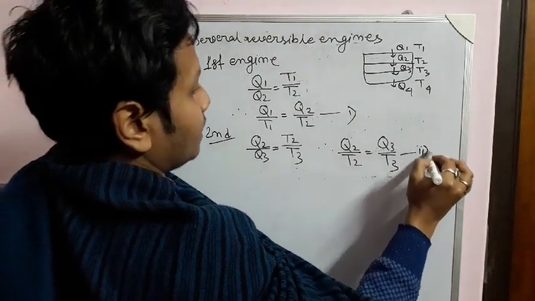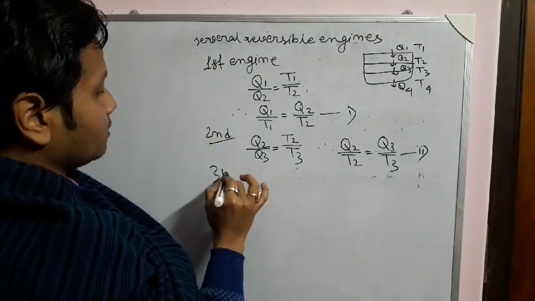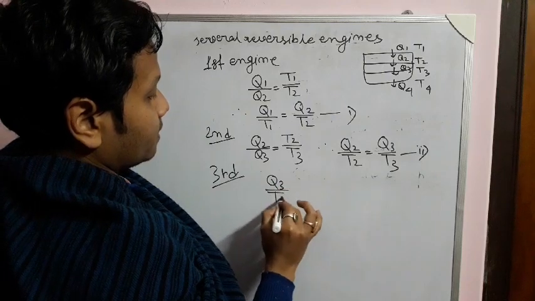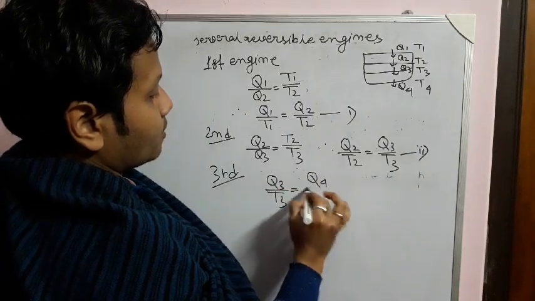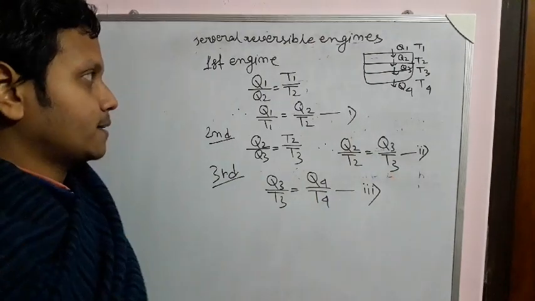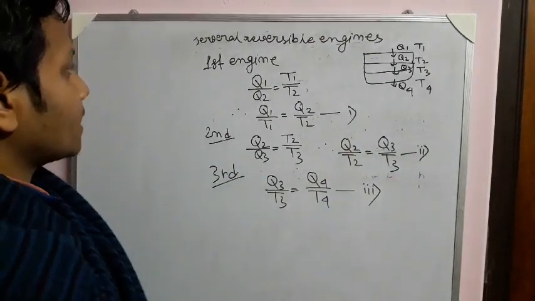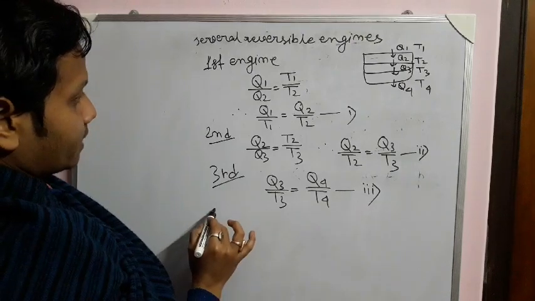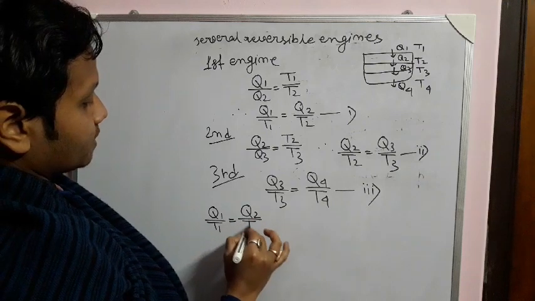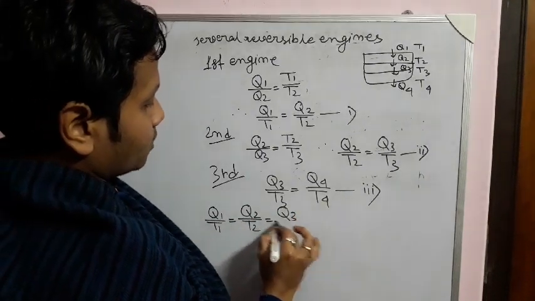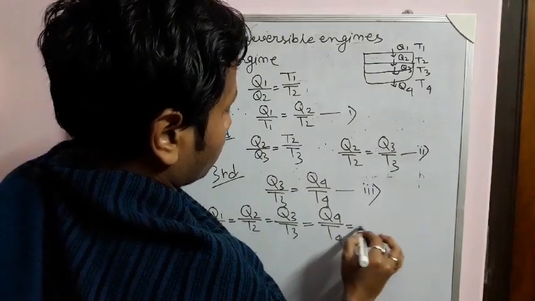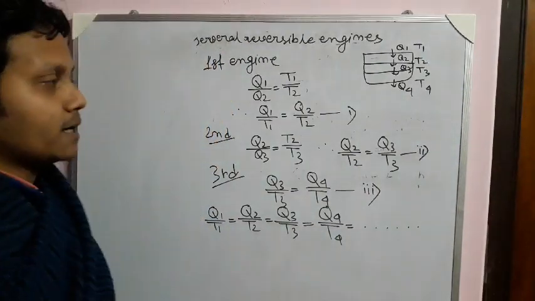In this way, for the third engine, we can write Q3 upon T3 equals Q4 upon T4. So in general, we can write Q1 upon T1 equals Q2 upon T2 equals Q3 upon T3 equals Q4 upon T4, and so on. This is the equation that we can write.